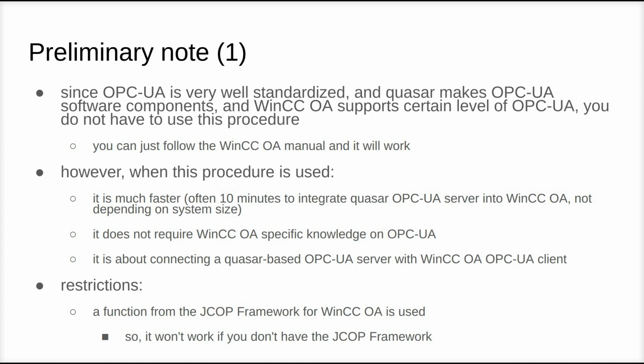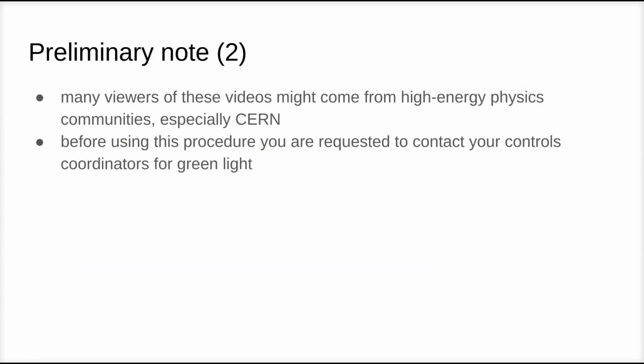So if you don't have the framework, this is not really applicable to you. And I hope you can find a lot of information about the framework on the net. It's generally a framework for WinCC OA for joint controls where a lot of common software is derived, and it's often used in different accelerator or detector communities around the world.